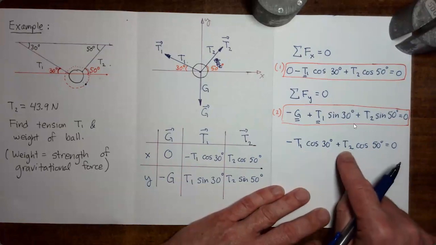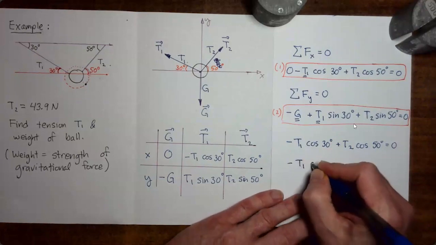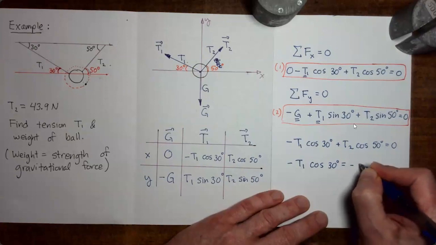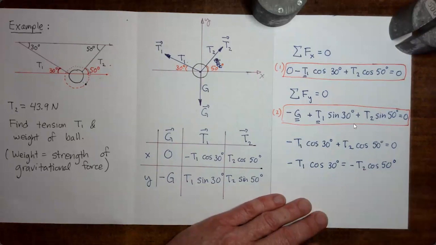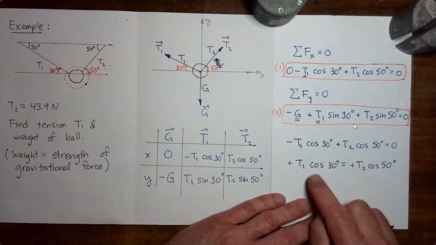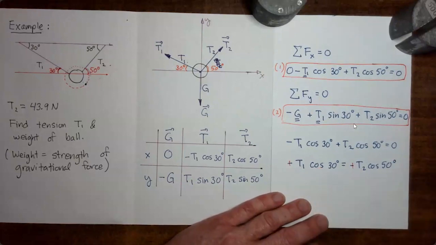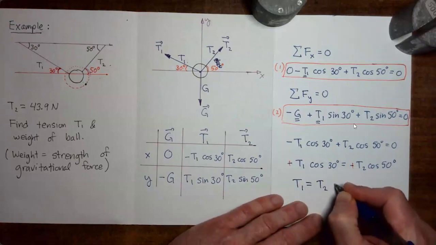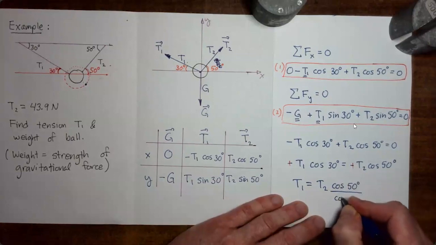I'll start by just taking tension 2 cosine 50 and moving to the right. Okay, notice that I now have minus signs on both sides of the equation, so those can be canceled. Now I just divide both sides by cosine 30, so cosine 30 comes down here, and I have tension 1 equals tension 2 cosine 50 divided by cosine 30.